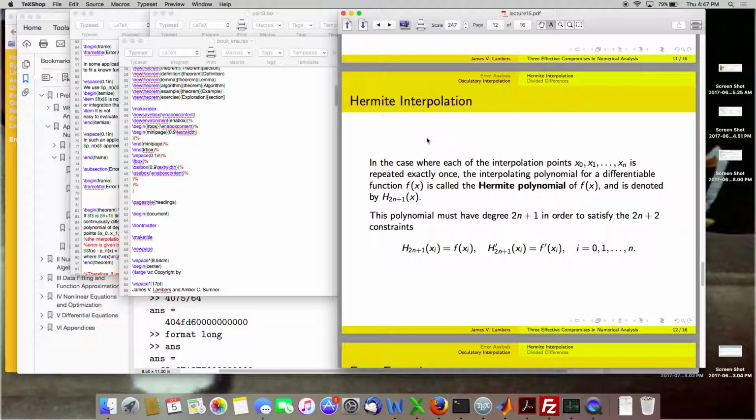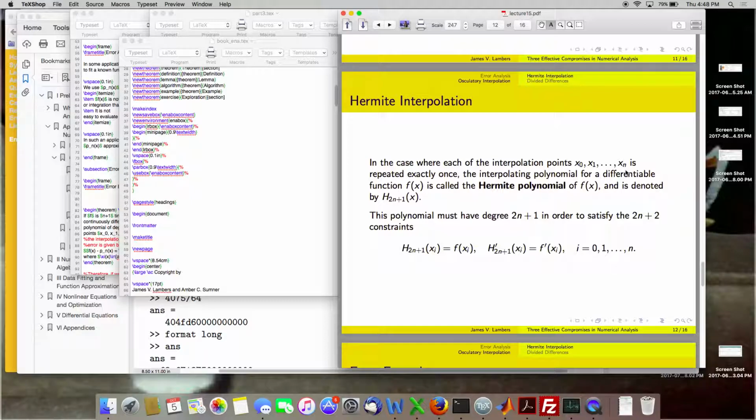Okay. So in Hermite interpolation, here are your x values, just like before, x naught up to xn. You list them twice. So you specify for every single point the function value and its first derivative value. Now, instead of having n plus 1 points, you effectively have 2n plus 2 points.